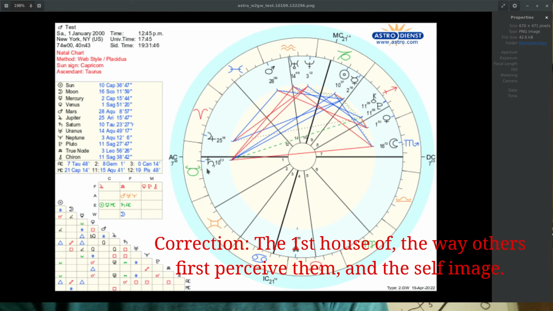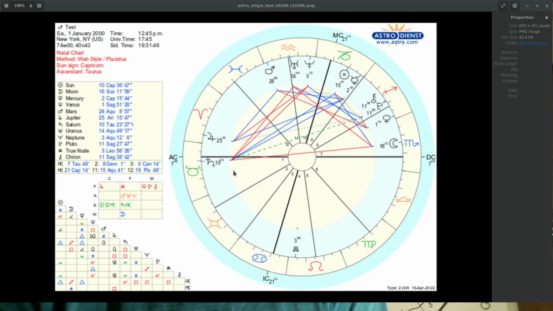So there could be some type of conflict between their emotions connected to others and their restrictiveness connected to their outer image.